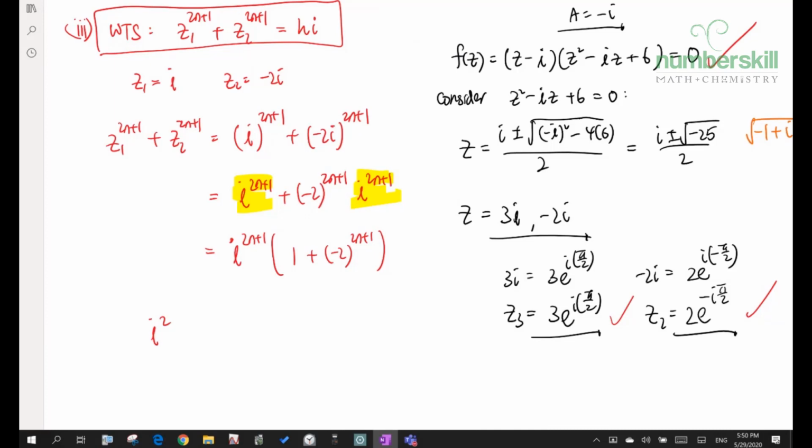So when you got I to the power 4, it becomes real. Or even power, it becomes real. Get it? So you got to be very clear about, hey, I need to keep the I, otherwise I cannot see. My point is that you need to keep the I, so you need the power to be odd. And the power is odd. You just need to say something like this: since n is an integer, 2n plus 1 is odd.